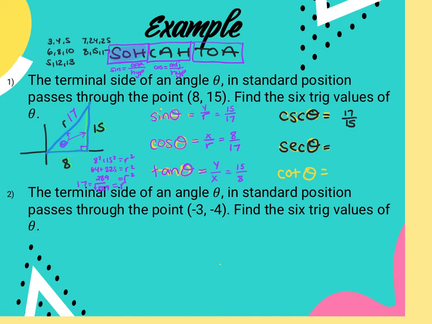Reciprocal of cosine. 17 over 8, or r over x, or h over a. Cotangent is the reciprocal of tangent. So 8 over 15, x over y, or adjacent over opposite.